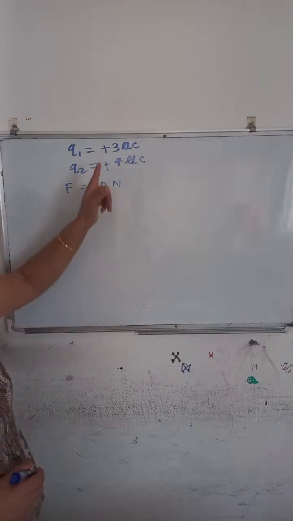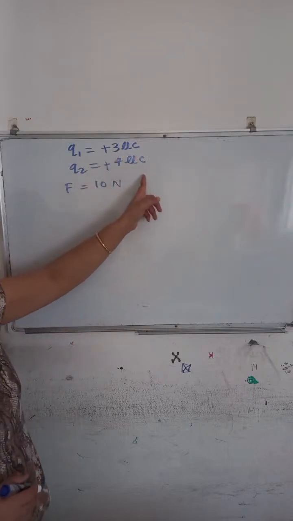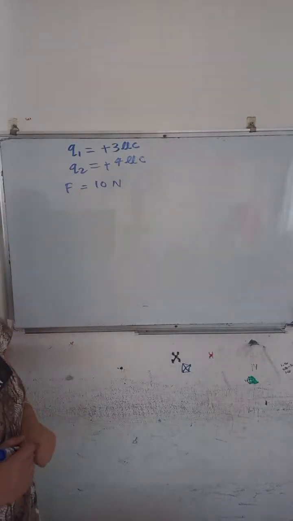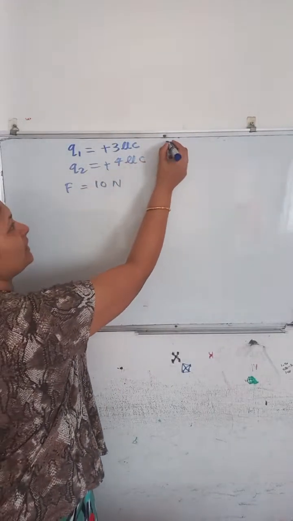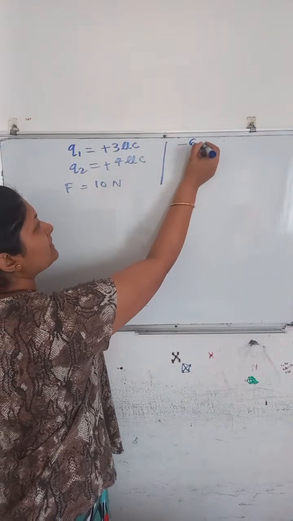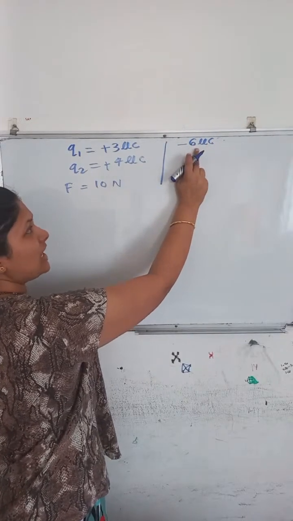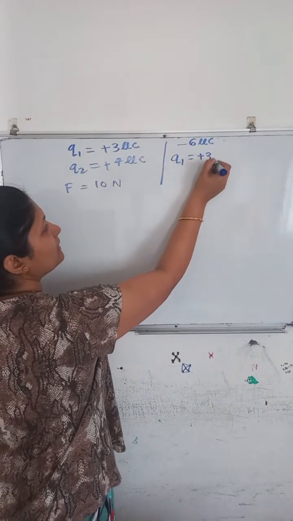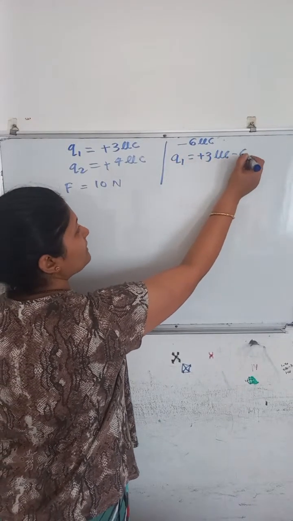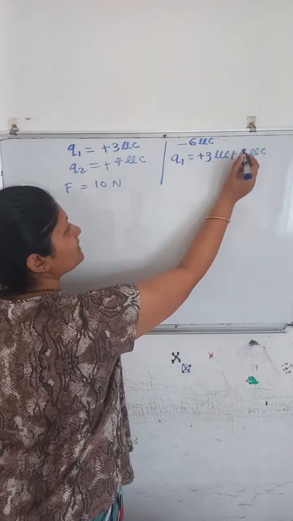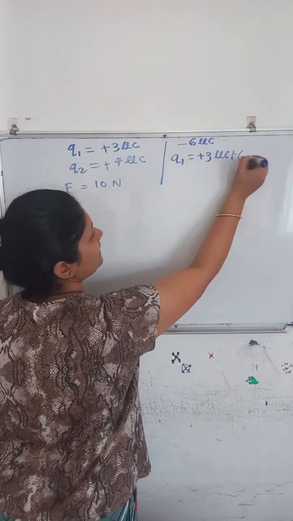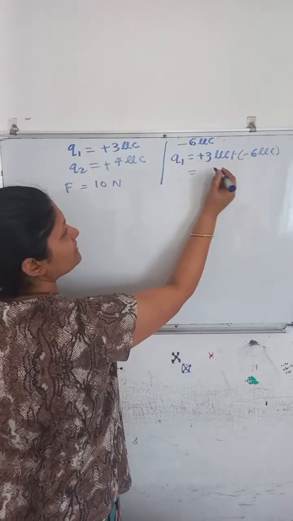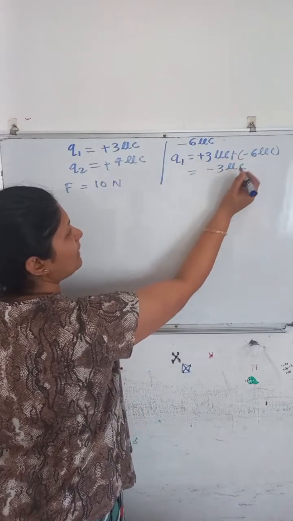Whenever there are 3 microcoulomb and 4 microcoulomb charges, the force is 10 Newton. But if you add -6 microcoulomb charge to each charge, Q1 is 3 microcoulomb minus 6 microcoulomb, which is -3 microcoulomb.